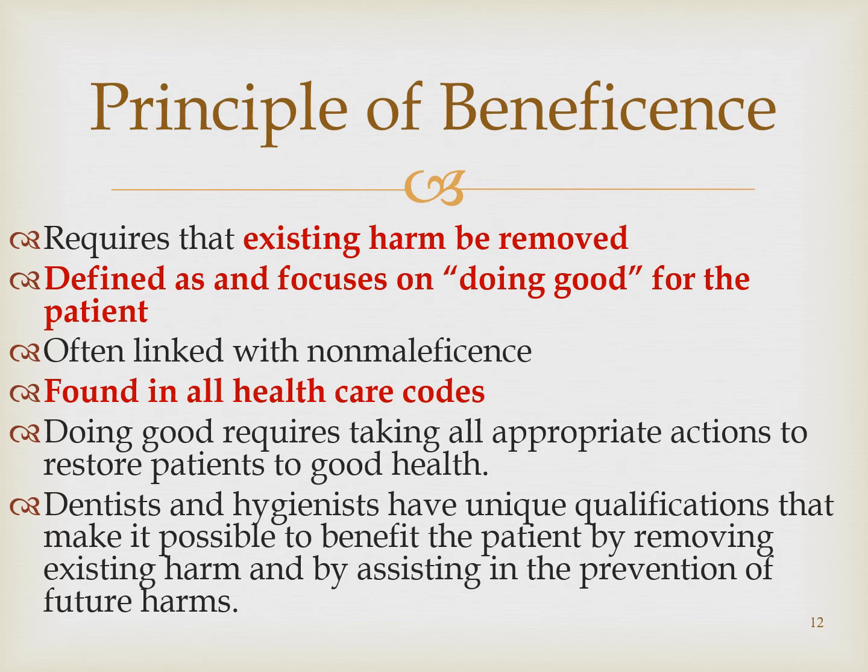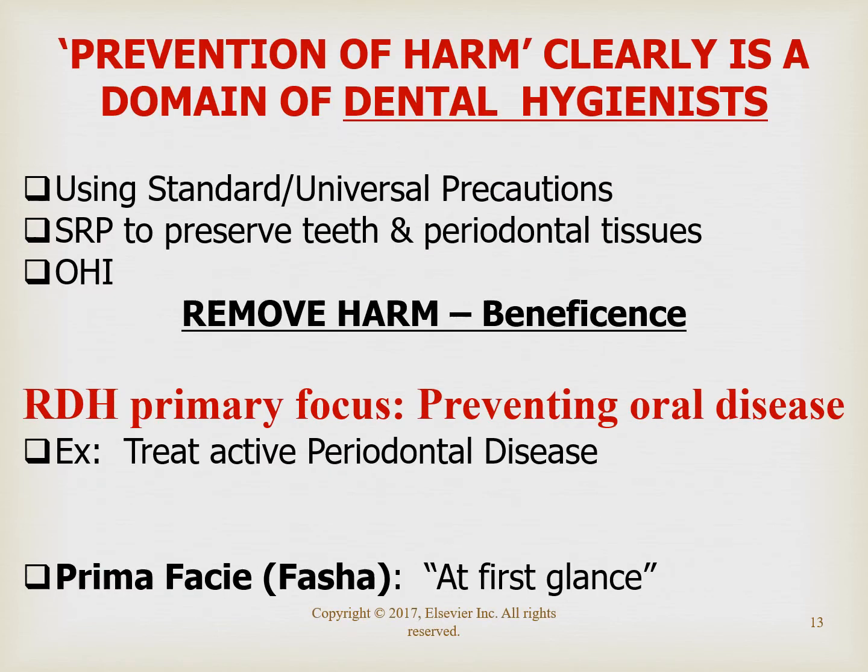So we have the ability to do that. Prevention of harm clearly is the domain of dental hygienists. Okay, prevention completely, and prevention of harm definitely. So let's say examples: using standard and universal precautions is prevention of harm. Doing an SRP to preserve the teeth and perio tissues is the prevention of harm.